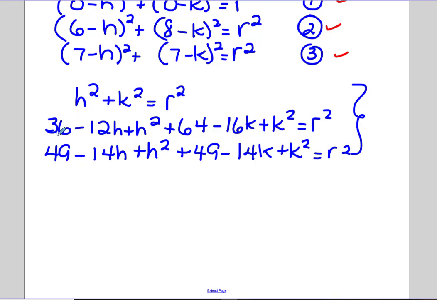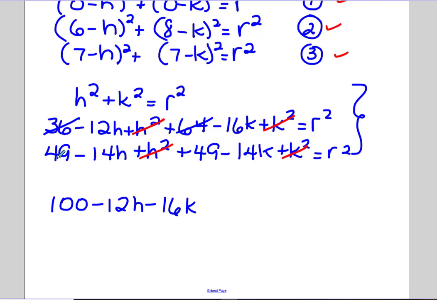Looking at 2 and 3, if I collect these terms, 36 and 64, that's 100, and then minus 12h, minus 16k. They both have h squared and k squared in them, so I don't need the h squared on the left and the right.